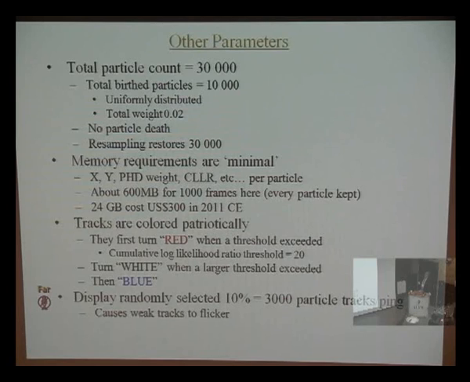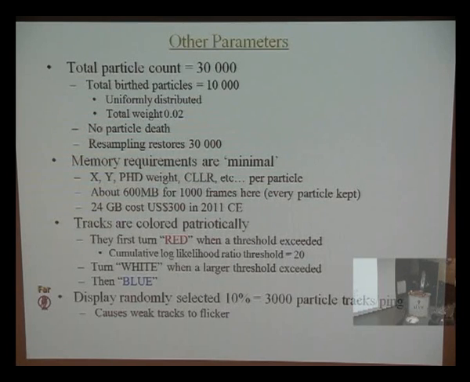So, tracks. I say they are colored patriotically. That depends on which country you're in, I just realized. In my case, I was thinking of France and the U.S. I will change that word in future. So red, white, and blue: the idea was that I wanted to display the CLLR as it accumulated along the paths, as the paths move forward.